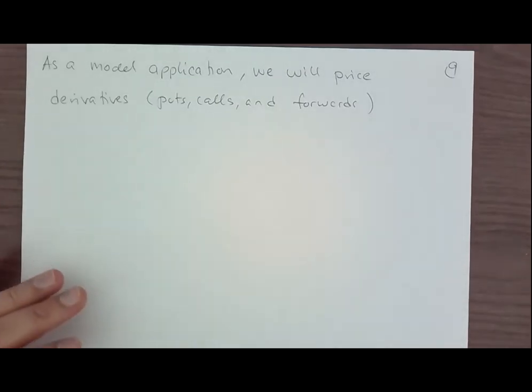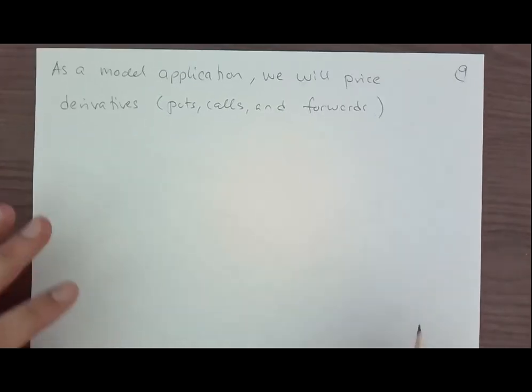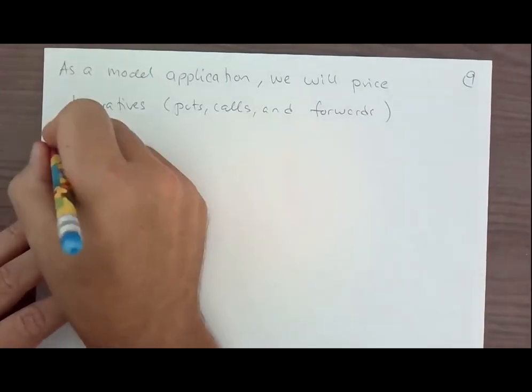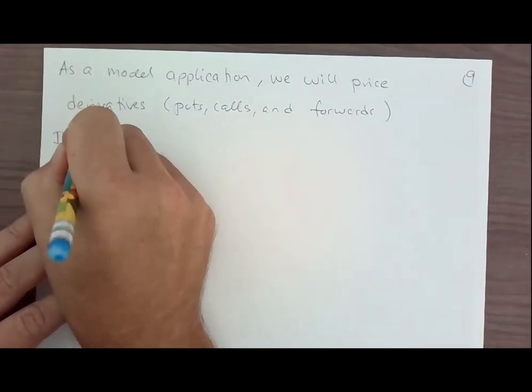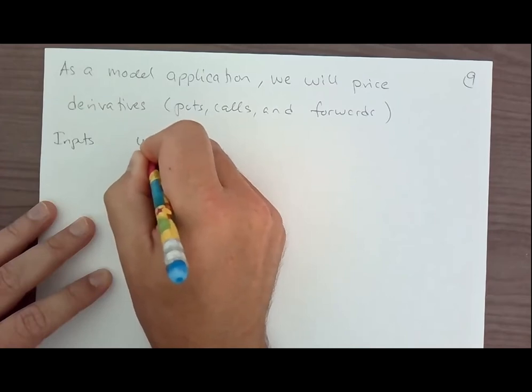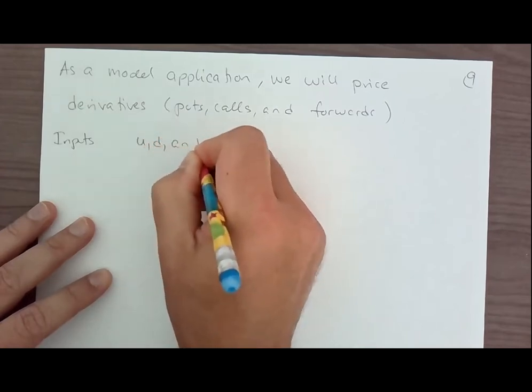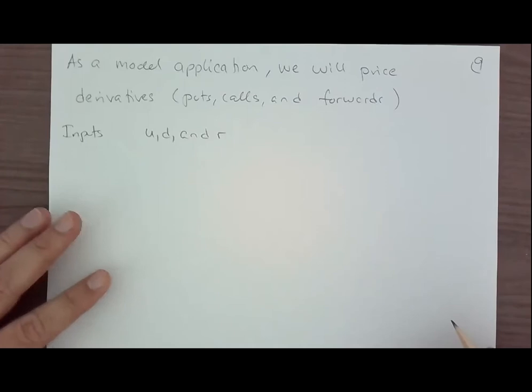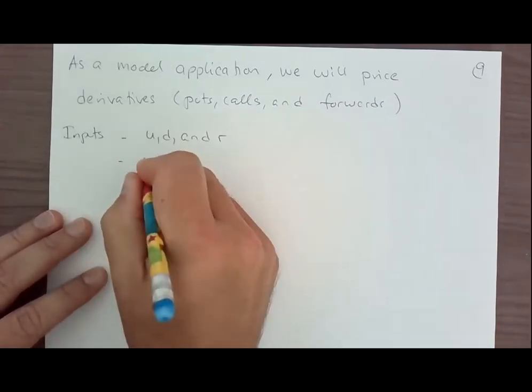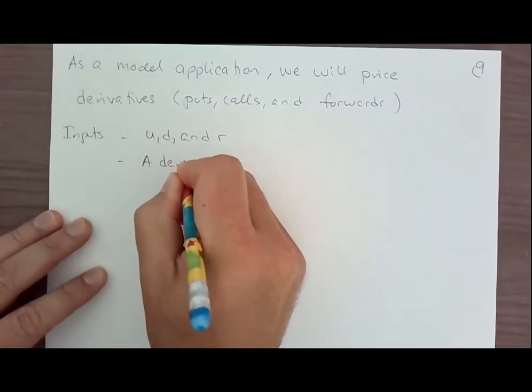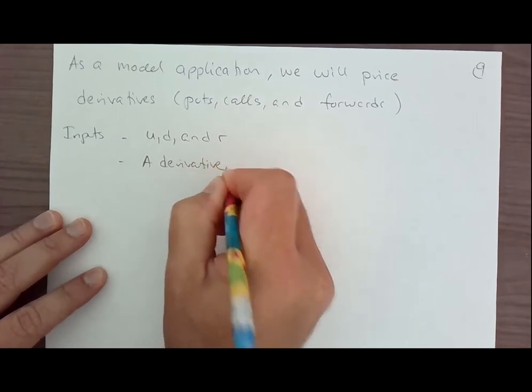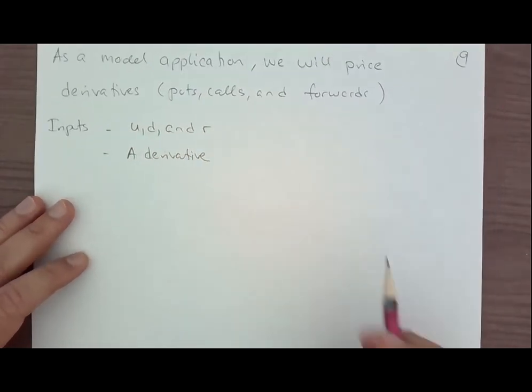So again, the input will be U, D, and R, and then you're also given a derivative. This is not a derivative like from calculus.